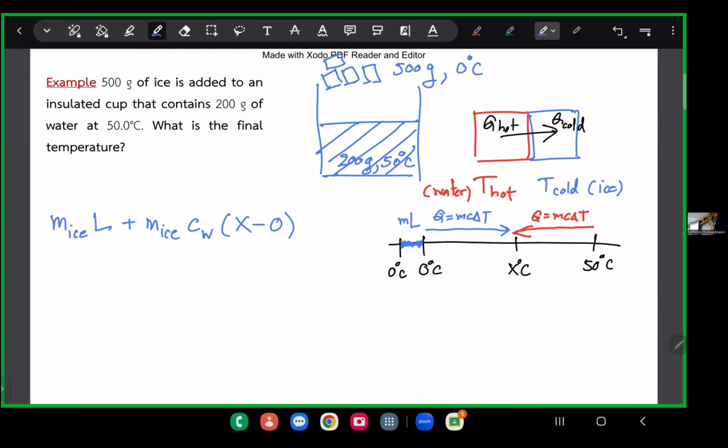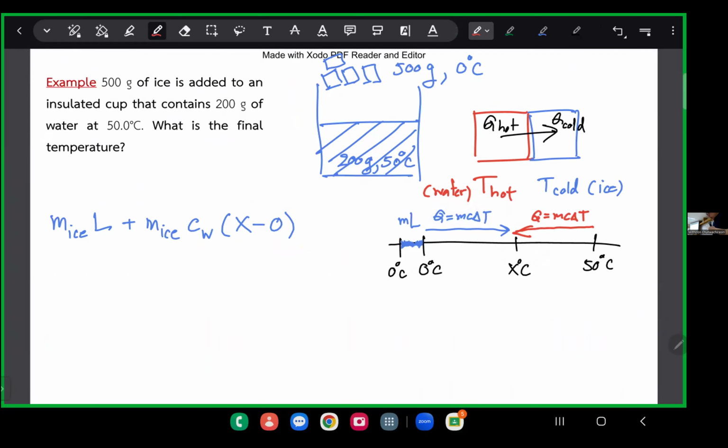Got it, right? Ice melt, it needs M times L energy. And then the ice, after it has been completely melted, has to warm up from 0 to X. So that's an MC delta T. That's what it is. This is the warming up part from the T cold. Now, look on the right side.